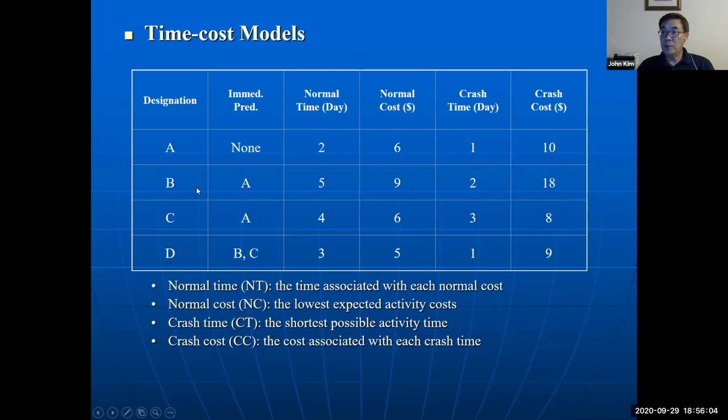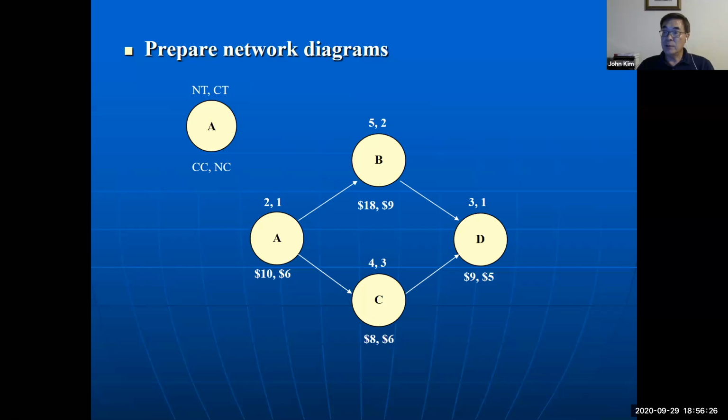And then activity B, normal time, normal cost. To make it shorter by 2 days, $18 crash cost, and so on. So using normal time, normal cost, crash time, crash cost, we can determine which one is the most efficient project time.